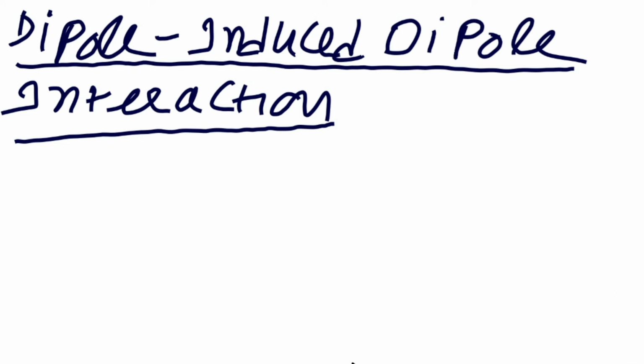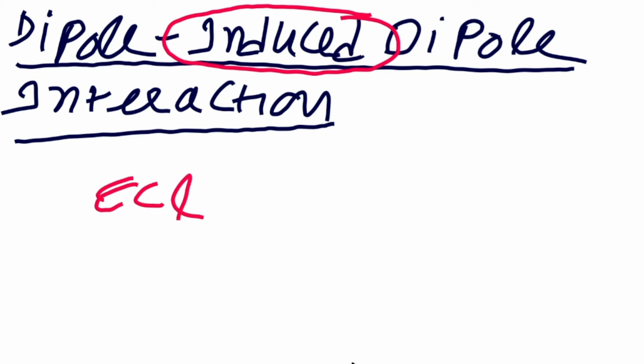First of all, beta, meaning of induced means dipole is not there, but we are giving the dipole to the molecules. To explain this one, I am going to explain you this one by the example of CCl4 and an acetone molecule.